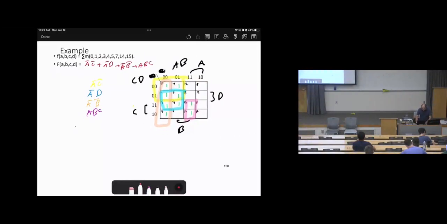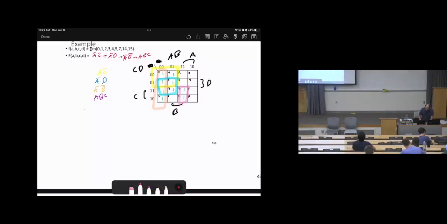That's not the product of sum, which is the normal Karnaugh maps that we use to deal with. Here is A, here is A bar. This is B, here is B bar. This is C, here is C bar. This is D, here is D bar. You know this triangle with the bubble means this is the not operator, which is the bar.